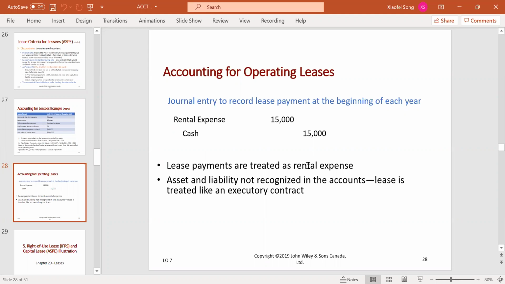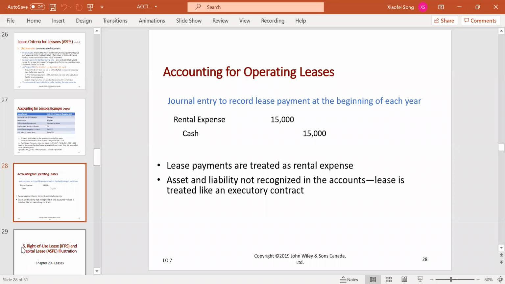For instance, Dollarama, the store, their assets and liabilities doubled as a result of the implementation of IFRS 16, because they have their stores in shopping malls and strip malls, and they are all on lease. The leases are similar to this, and before IFRS 16, they were all off balance sheet. Now they have to bring them onto the balance sheet, so there's a huge liability and huge assets.